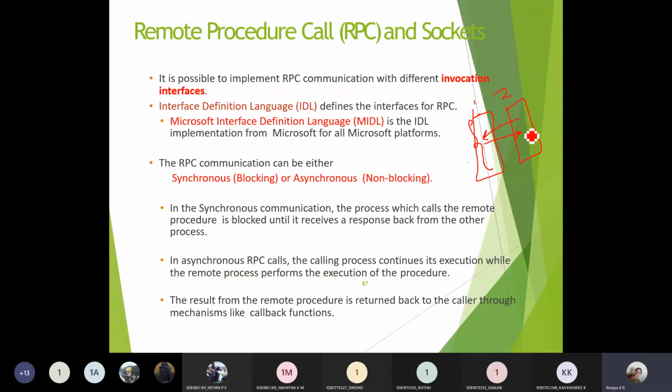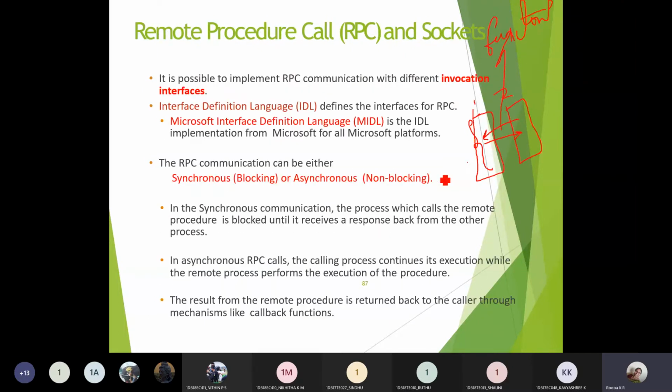But using this RPC, we cannot stop the execution of the process in the case of asynchronous RPC communication. This transfer of information between the processes will be taken care of by functions. So we use functions for transferring the information between the processes here.